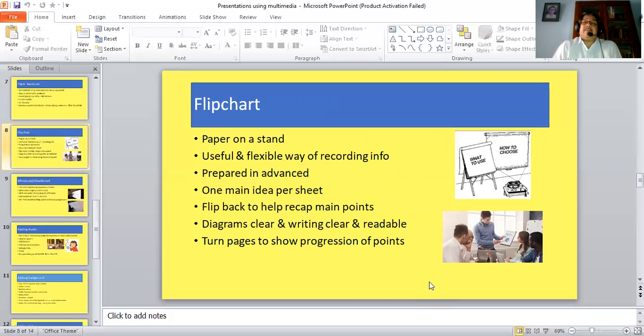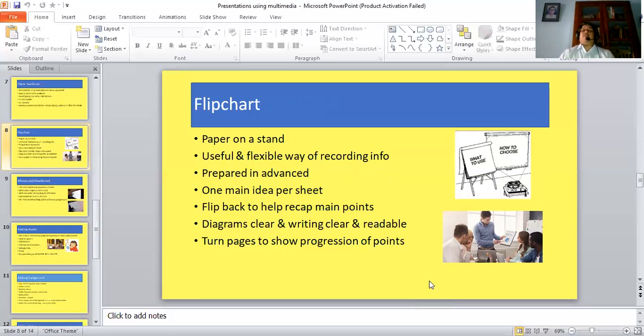A flip chart is again another traditional mode of adding an illustration to a presentation. So basically it involves sheets of chart paper which are clipped to a board like an artist's board or easel, which is placed on a stand, and it's a useful and flexible way of recording information.